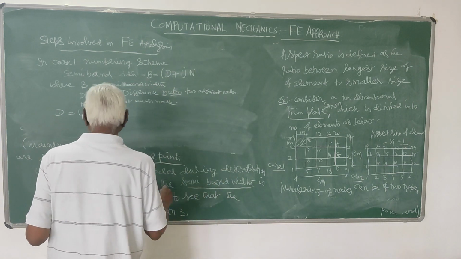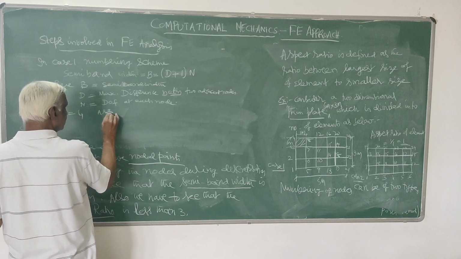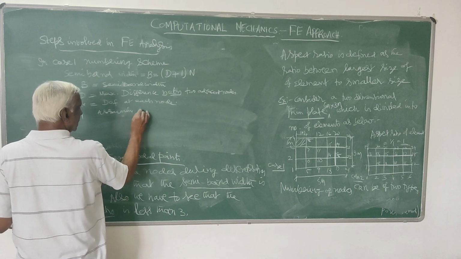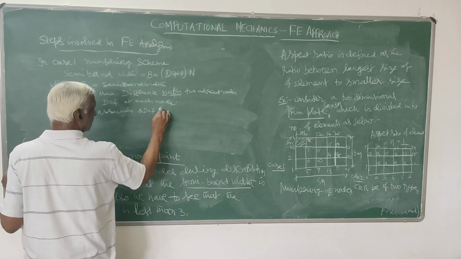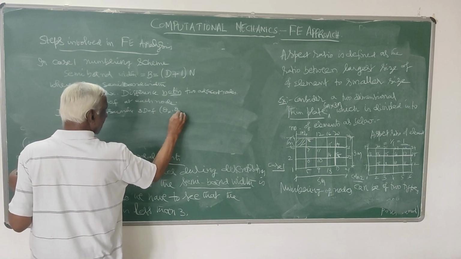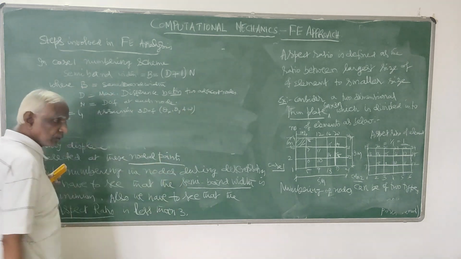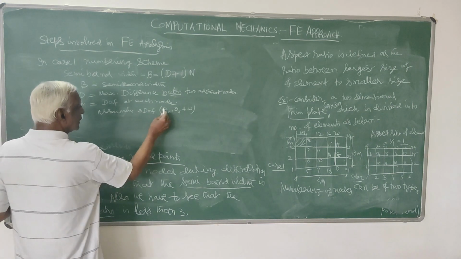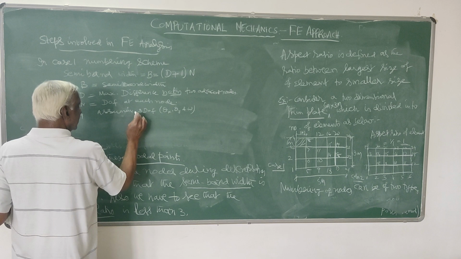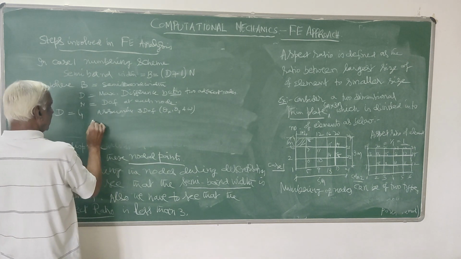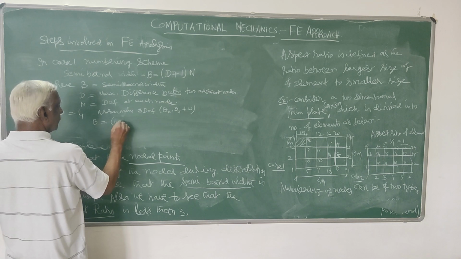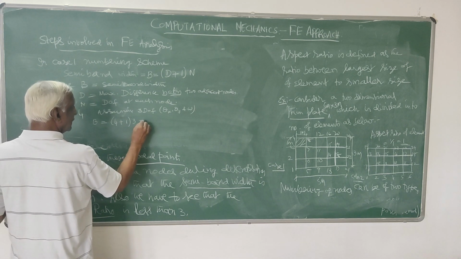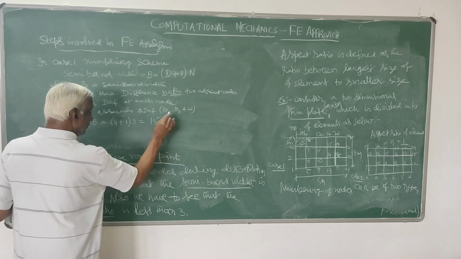So assuming 3 degrees of freedom, theta x, theta y, and w, one vertical deflection and 2 rotations, because it's a plane figure, N equals 3. Semi-bandwidth will be (4 plus 1) into 3, 15.